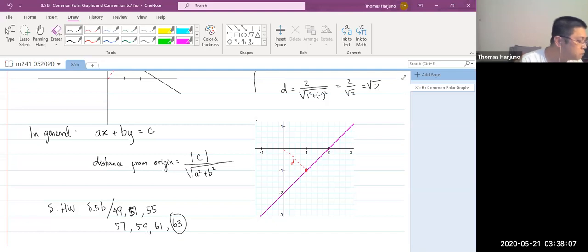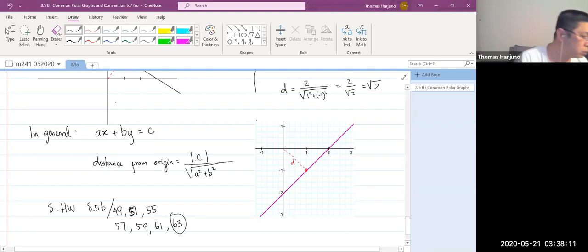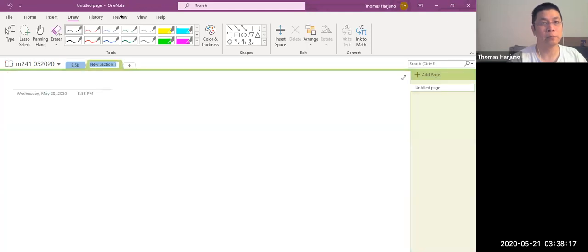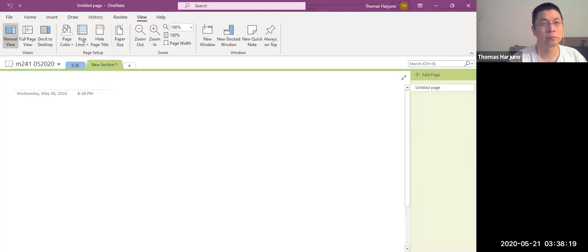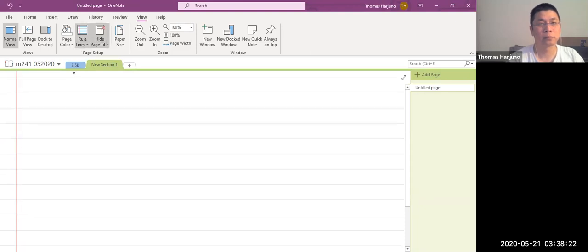Now, in the next section, 8.6, we will learn to graph. We already graphed some of them, the important ones.